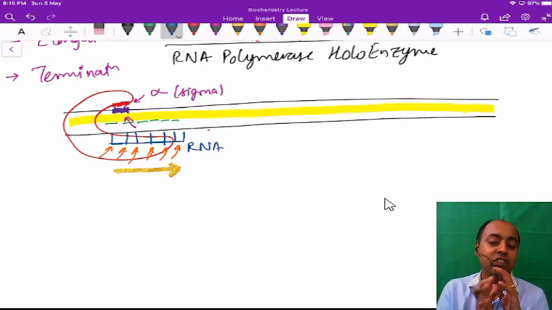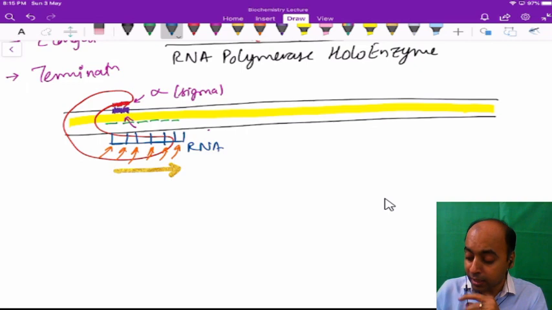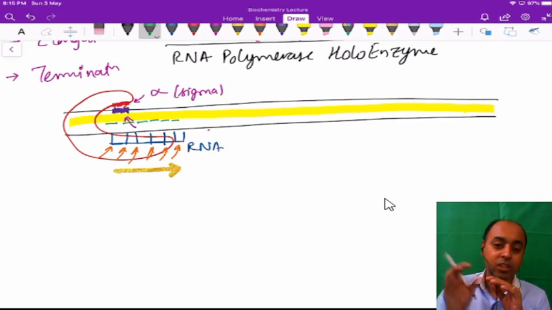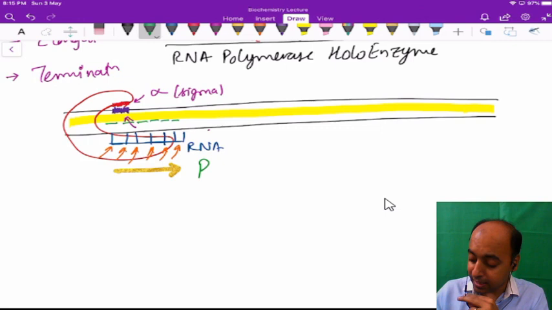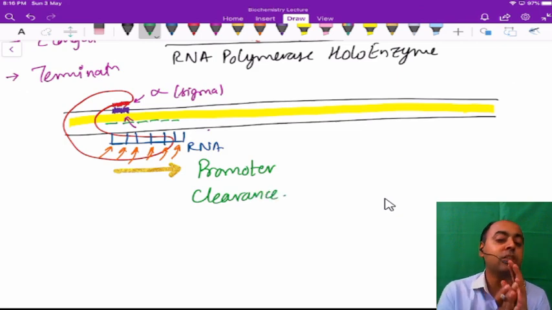The only segment which it was able to identify was the promoter, which has been left behind, and therefore this step which the RNA polymerase takes by moving forward after the synthesis of the small segment of RNA is known as promoter clearance. As you can appreciate, now it is able to leave the promoter behind and start moving forwards along the DNA. Promoter clearance is the last step of initiation. Once we have the promoter clearance, we have entered the second phase, which is the elongation.